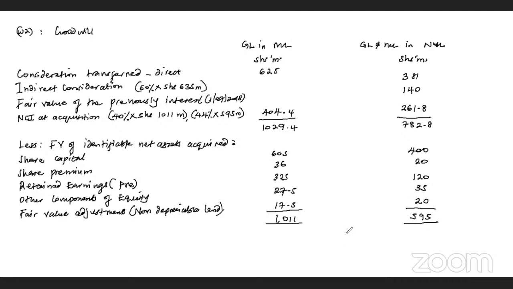It's 20. So according to IFRS 3, if you calculate goodwill, you get the aggregate of the purchase consideration plus the fair value of NCI at acquisition, then plus the fair value of the previously held interest, then you minus the fair value of the identifiable net assets, then you come up with your goodwill at acquisition date.